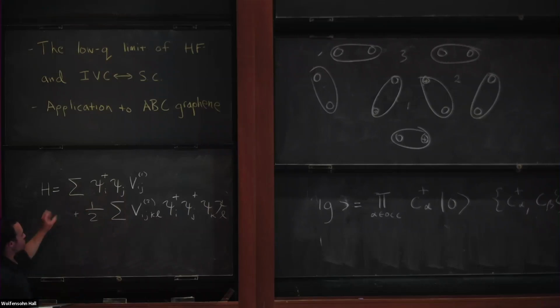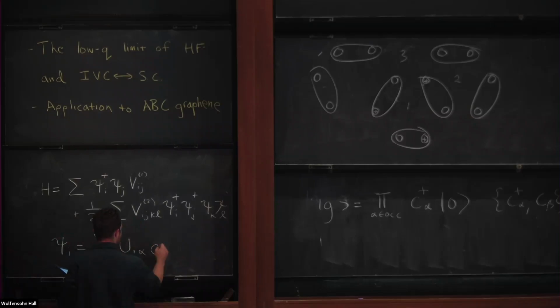So generally, your Hamiltonian looks like this. And what I mean by the variational parameters is that I need to define an orthogonal change of basis, c_i = U_i alpha c_alpha.